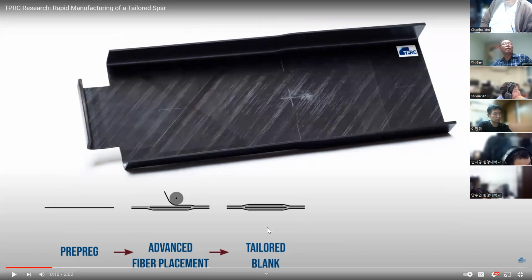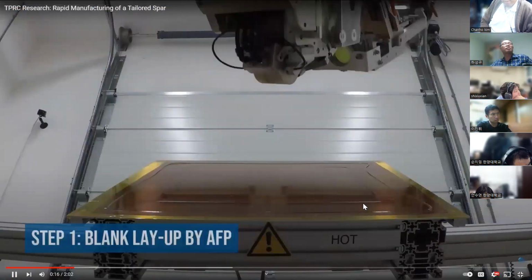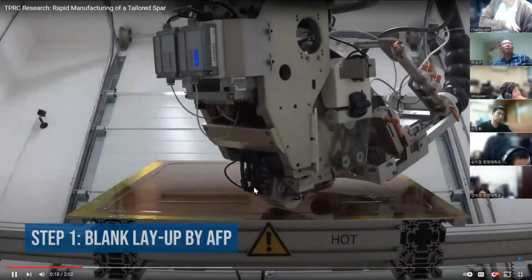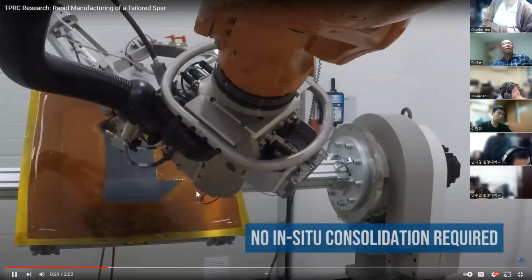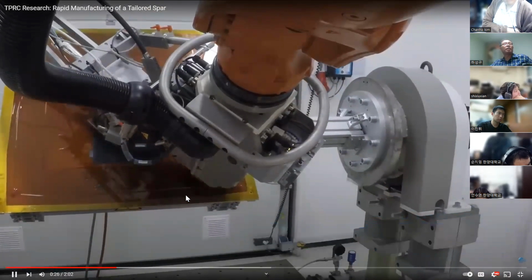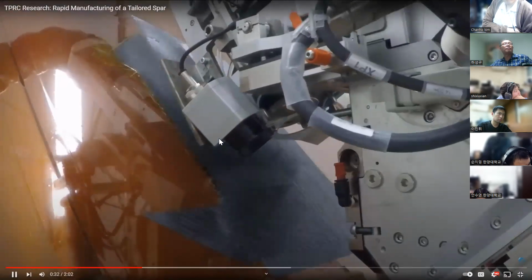We layer, and then we have stamping, forming, just a press like stamping. So using the tow preg, we layer as we wish, as we design, using the tow preg layering machine, automatic tape layering.